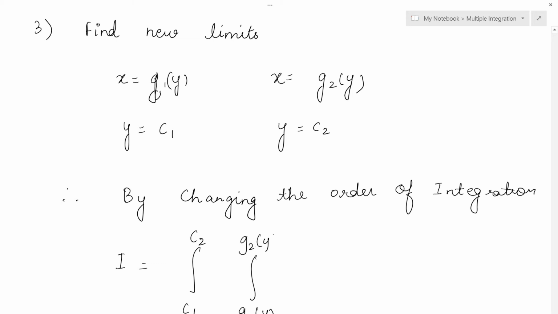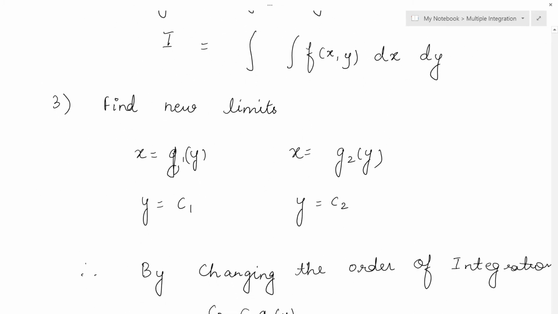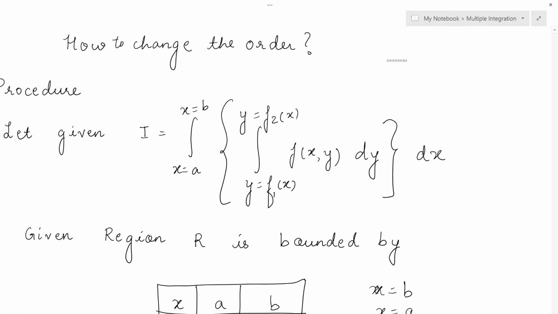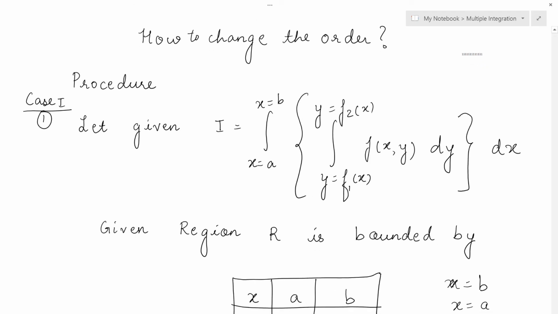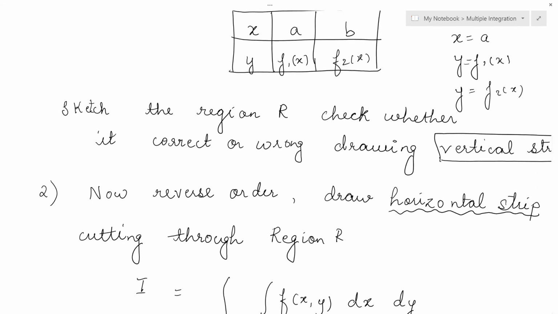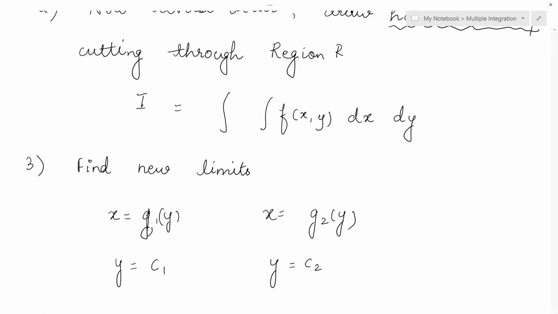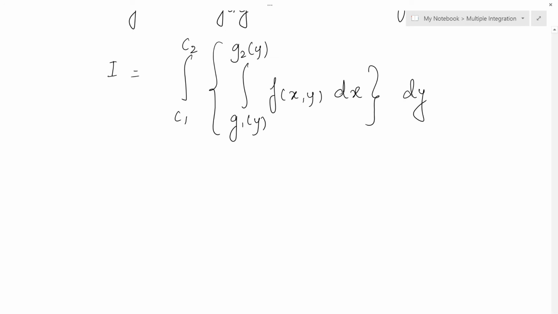Those limits are for x, and you have to integrate with x first and then with y. So these are the steps you have to follow. This was the procedure for case 1, where the inner limits are in terms of x and the outer limits are constant. First you draw a vertical strip, and then you reverse the order for the horizontal strip. Now let us go to case 2.